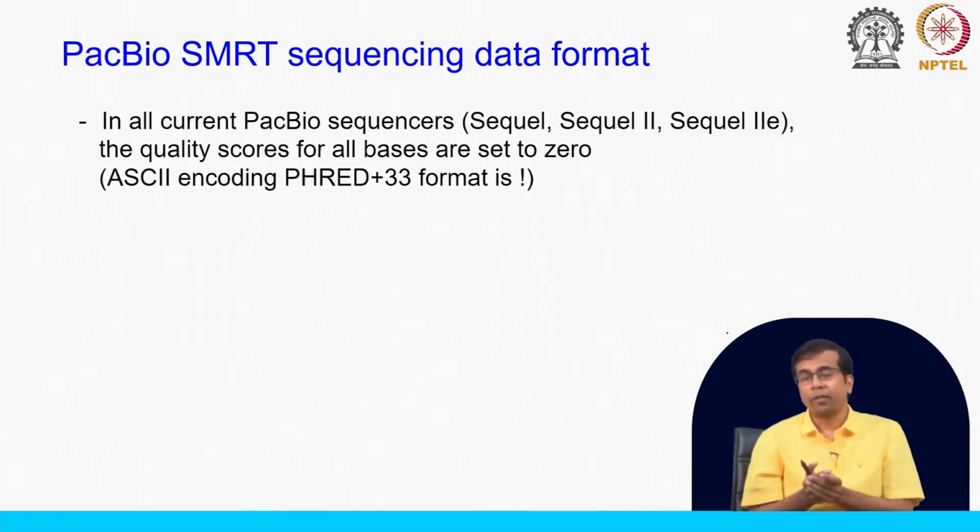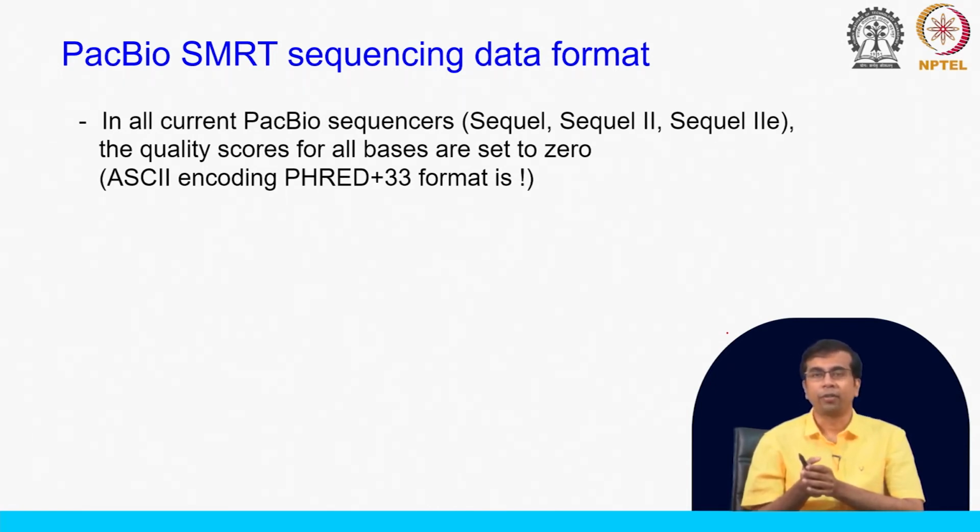Now, what you will probably see if you are working with SMRT sequencing data that was sequenced recently, in all current PacBio sequencers, like the systems we showed a few classes back, the Sequel, Sequel II and Sequel IIe systems, is that the quality scores by default will be set to 0, and the encoding for all of them will be the exclamation mark. As you have seen in the Phred plus 33 format, the encoding for 0 is the exclamation mark.